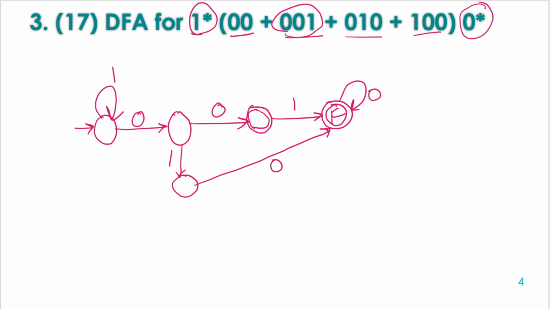but if we look carefully, 00 and after that 000 must be acceptable, but this string is not acceptable here, because for the first 0 we are moving to this state and after this we are moving to this state.